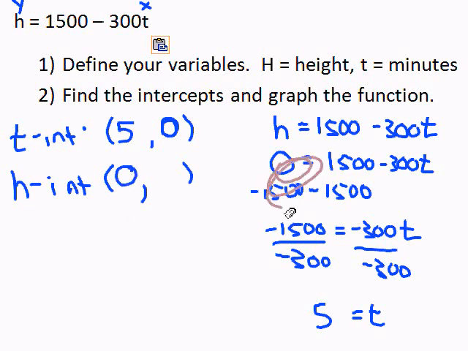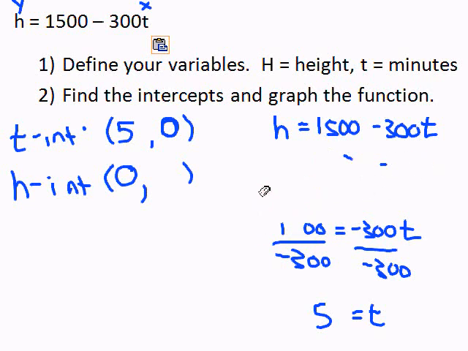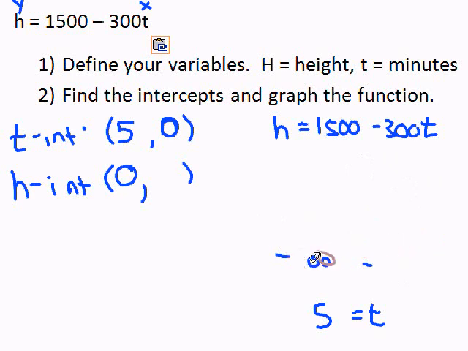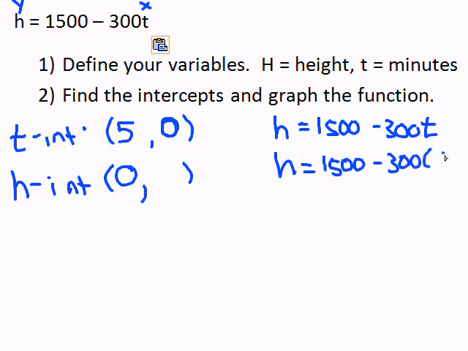So we take our equation, and just like when we found the t-intercept, we put 0 in for the opposite letter. So h is equal to 1,500 minus 300 times 0. 300 times 0 is just 0, so h is equal to 1,500.